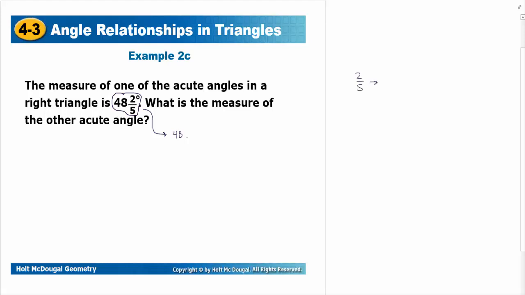If you made it over 10, multiplying by 2, this would be the same as 4/10. So you can go 0.4, 48.4 for that first angle. So I know 48.4 plus x equals 90 using the triangle sum corollary theorem. So you're just going to subtract, in this case, 48.4 from both sides.